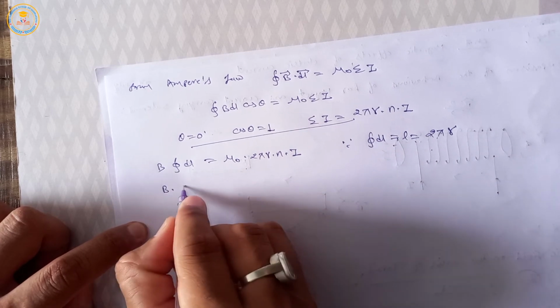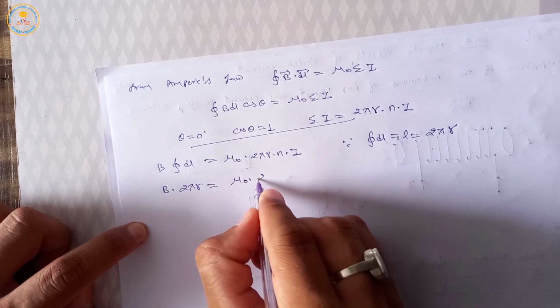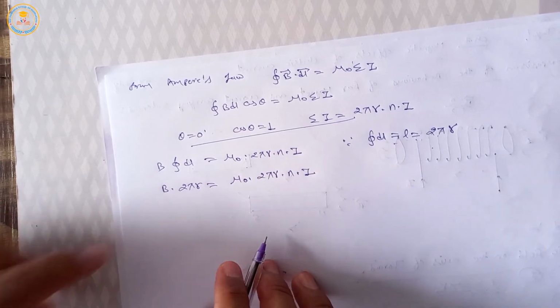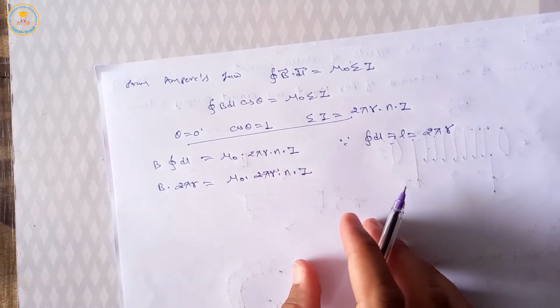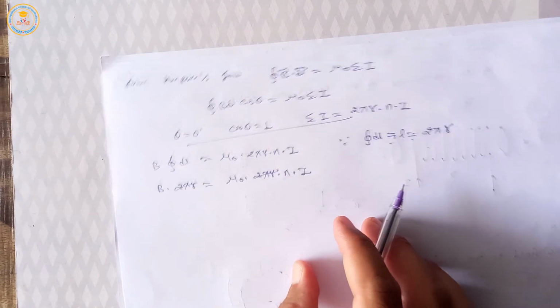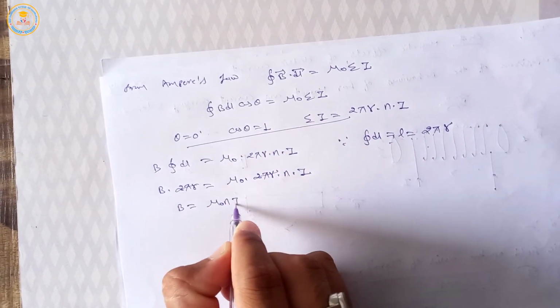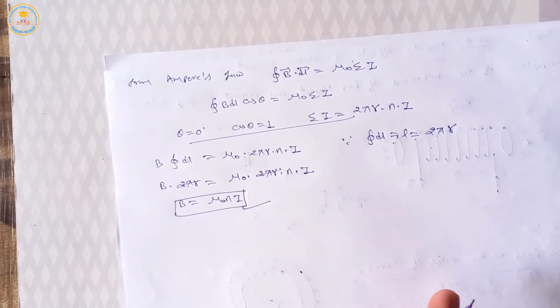So B into 2 pi r is equal to mu naught into 2 pi r into n into I. Okay, 2 pi r and 2 pi r cancel out. Then in this situation, B is equal to mu naught n I. This equation represents the magnetic field at the axis of the toroid.